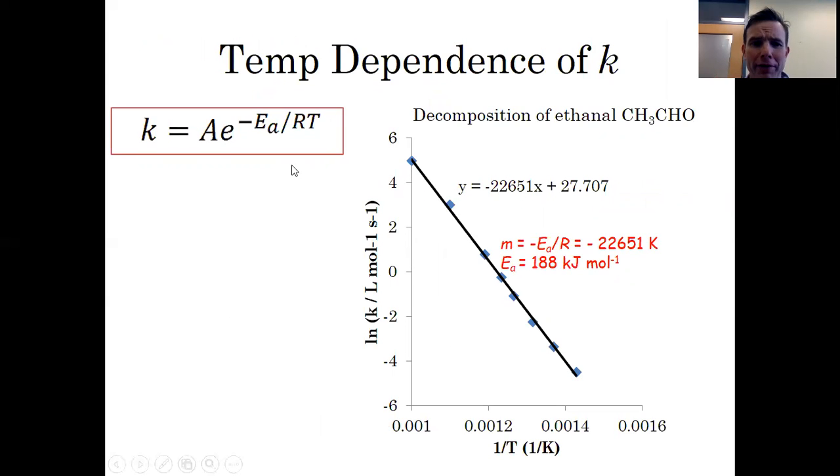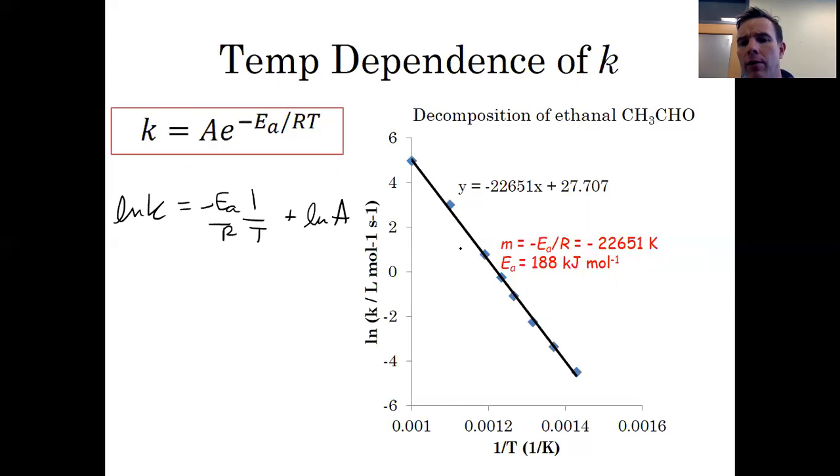Well, as you often seem to do, if I take the natural log of both sides, ln k equals, I'm going to write it this way, negative Ea over R times 1 over T plus natural log A. I am going to plot natural log k on the y-axis, 1 over T on the x-axis, and the slope of this plot will be negative Ea over R. So pretty straightforward. This is how you can calculate these things.